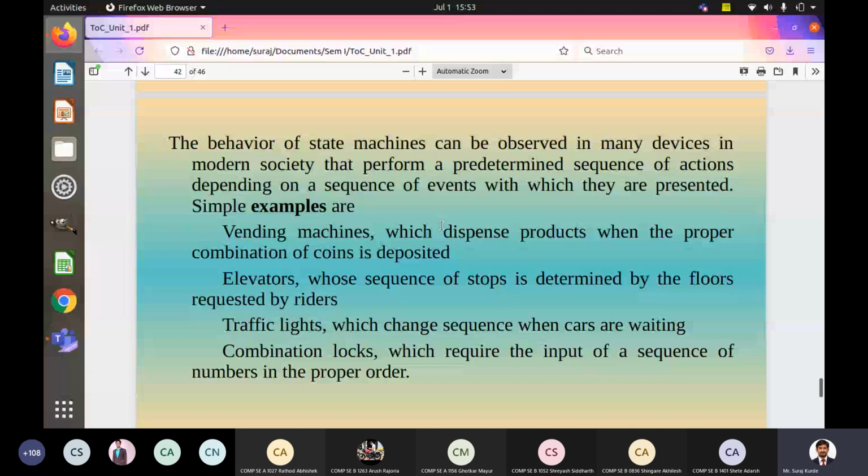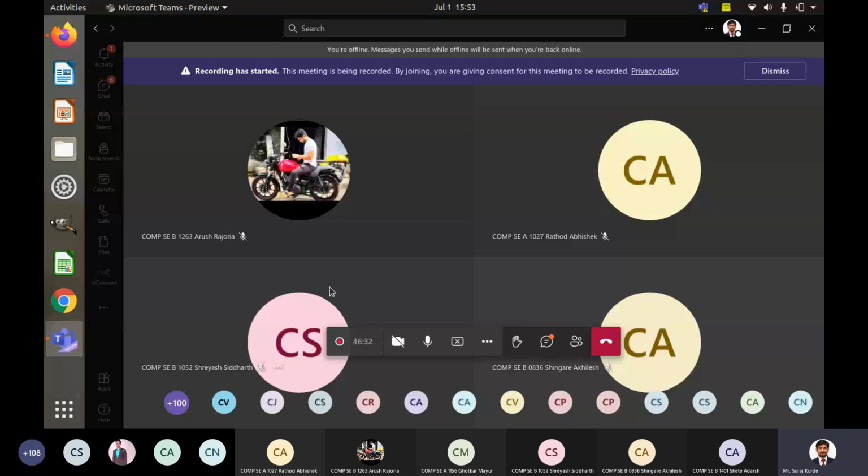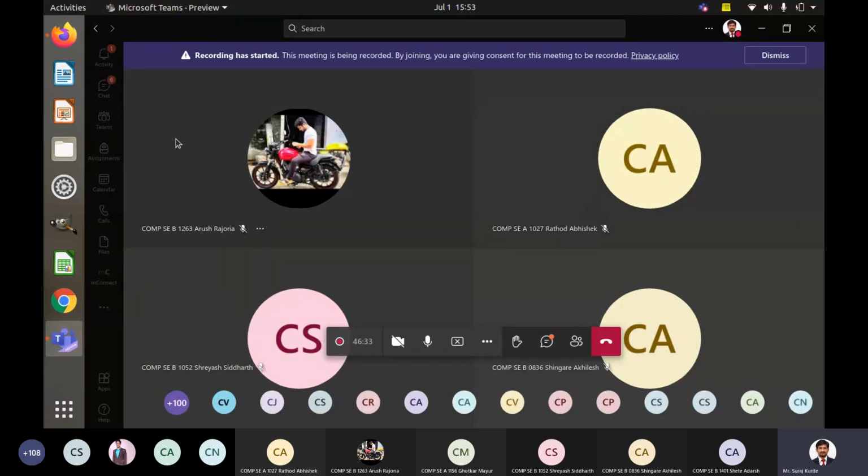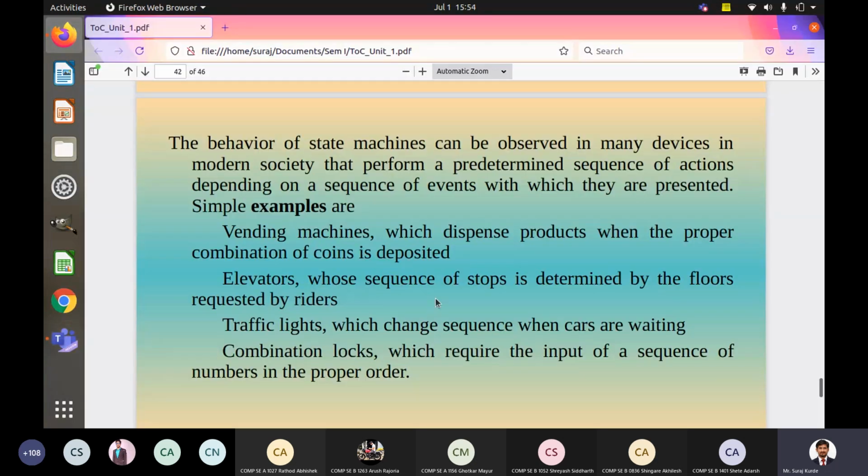For that sequence of numbers in the proper order, the combination lock will work. These examples can be considered examples of a state machine or finite state automaton.